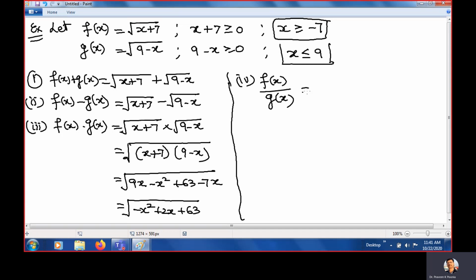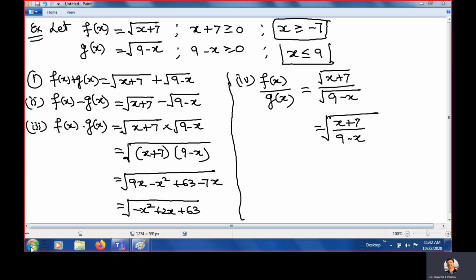Here is x plus 7 and here is 9 minus x. Because the exponents are the same, we can bring them inside a single root: x plus 7 upon 9 minus x. So this is the value of fx plus gx, fx minus gx, fx into gx and fx upon gx.